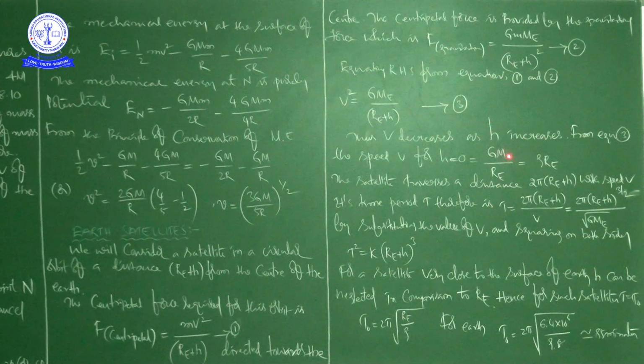So if you write this in terms of small g, the speed of the satellite close to the surface of earth becomes equal to root of g R_E.